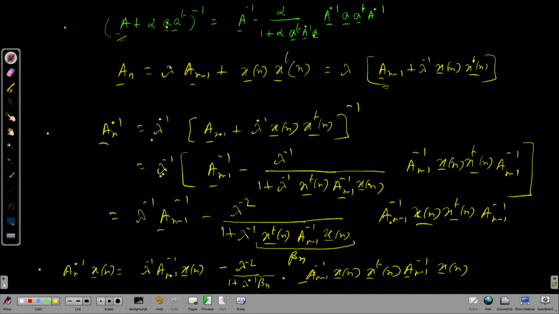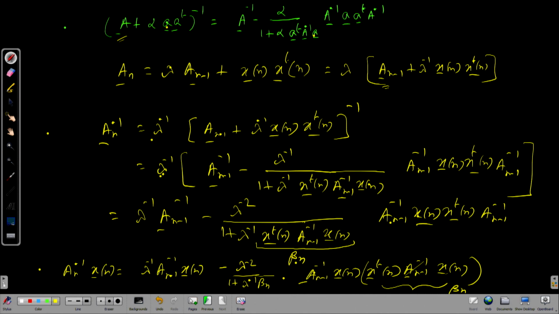All right, this was already there, these 4 terms, after that x n. But then the advantage is I can put a bracket around this, and this is nothing but again beta n, x transpose n, A n minus 1 inverse x n. So, this is again beta n. So, then life becomes simple. It is lambda inverse A n minus 1 inverse x n minus lambda to the power minus 2 divided by 1 plus lambda inverse beta n into beta n, scalar you can write first, and then A n minus 1 inverse x n.